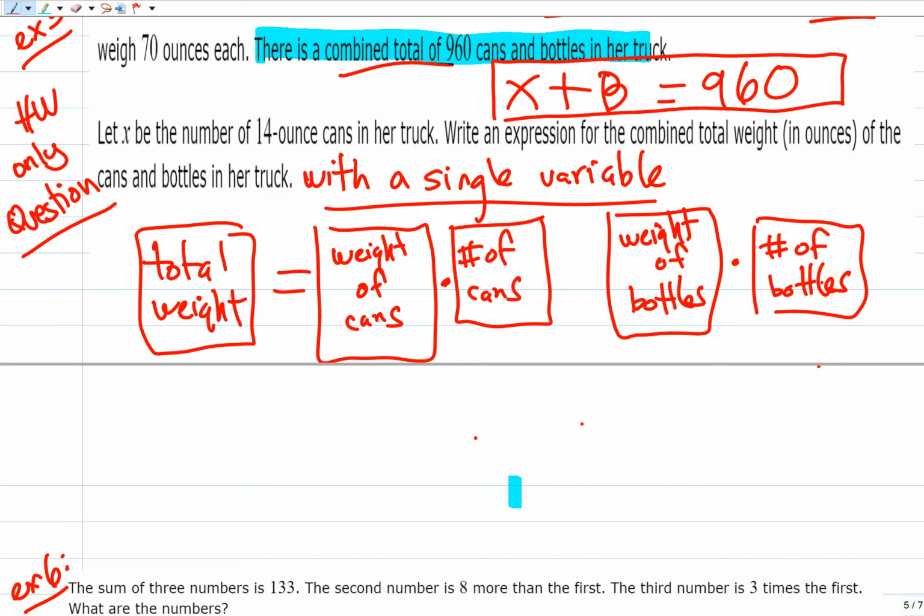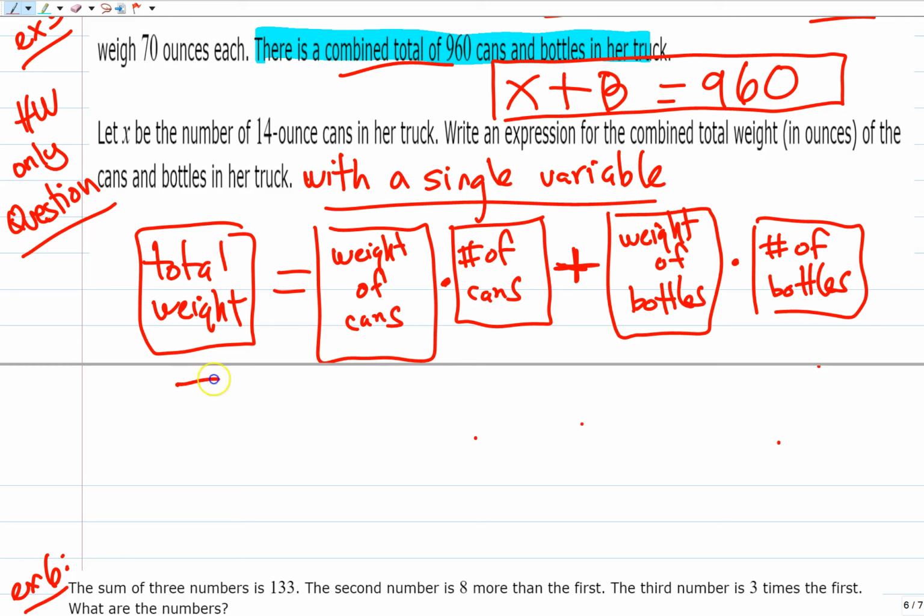And to get a combined weight, I'm going to take those two and I'm going to what? There you go. Do we know what the total weight is? They didn't give it to us this time. We're not solving for that.